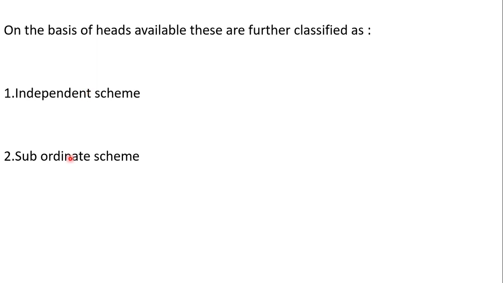And the second one is the subordinate schemes. These subordinate schemes are those in which the principal objective is other than power generation. For independent schemes, the principal objective is only power generation, and for subordinate schemes, it is other than power generation.